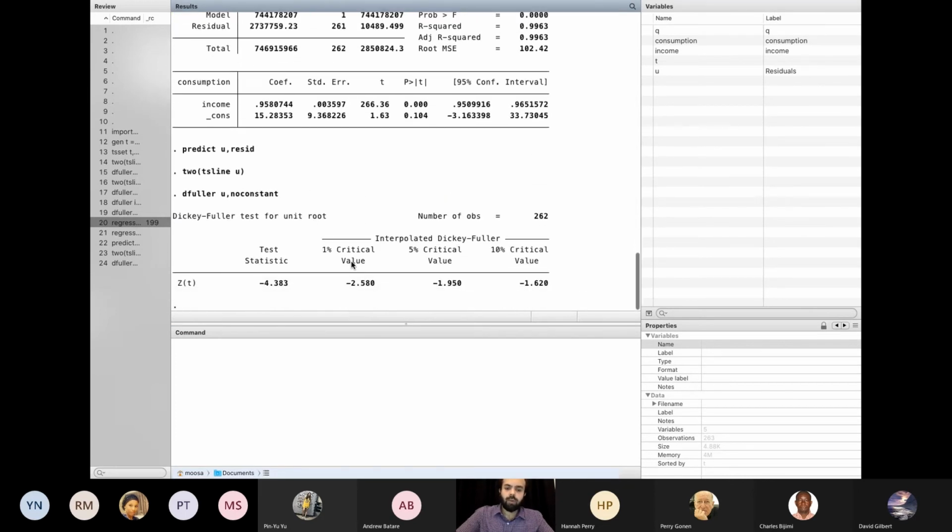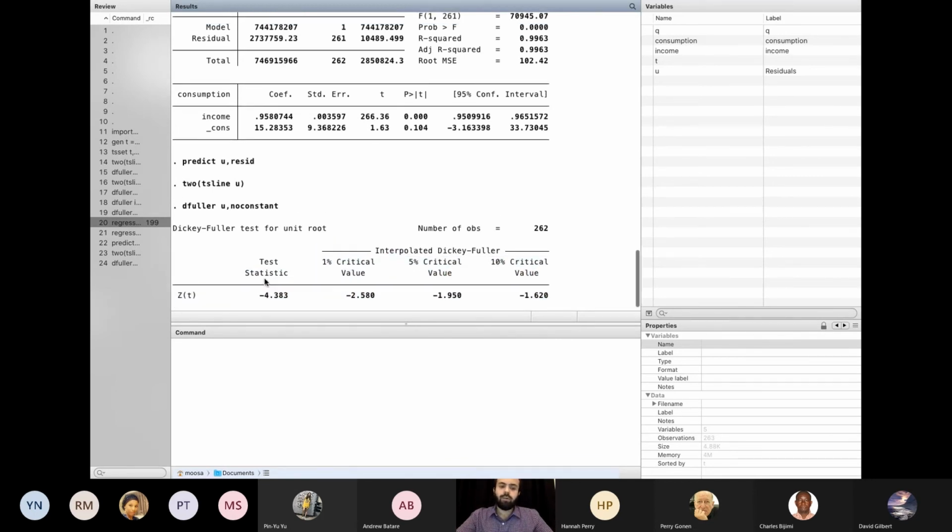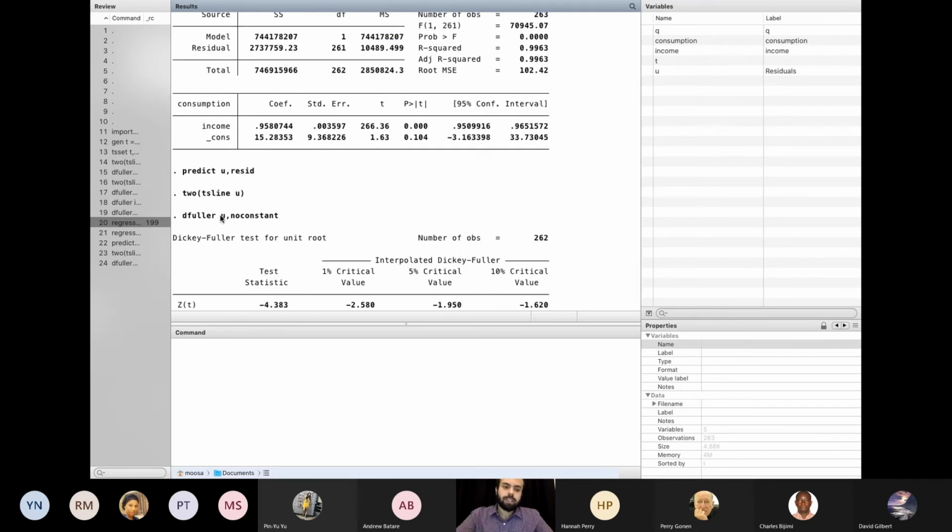And Engle-Granger, who came up with this co-integration test, have also explained how these critical values for the Dickey-Fuller test would not be reliable, because we are comparing our t-statistic for a Dickey-Fuller test of a variable which is already estimated.